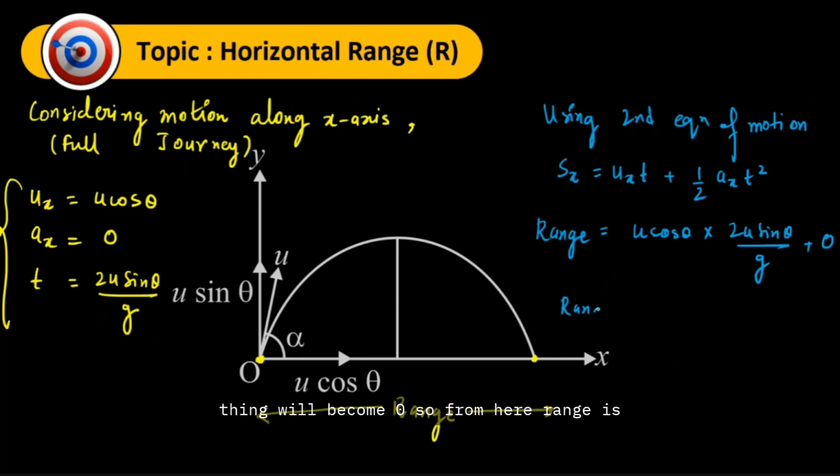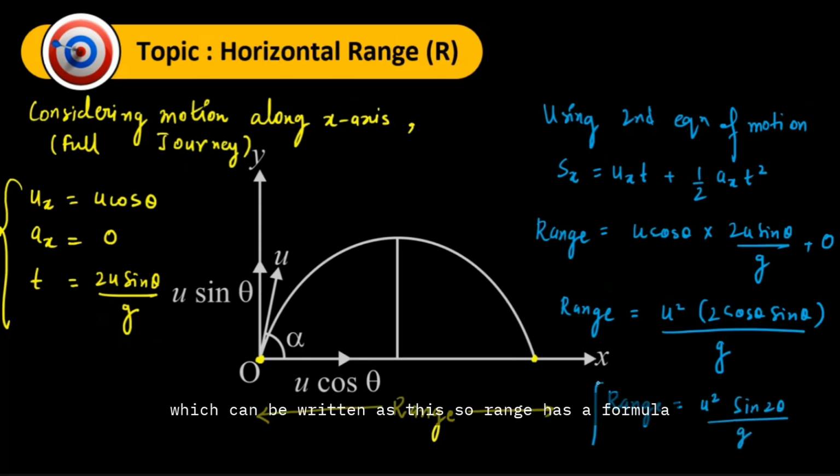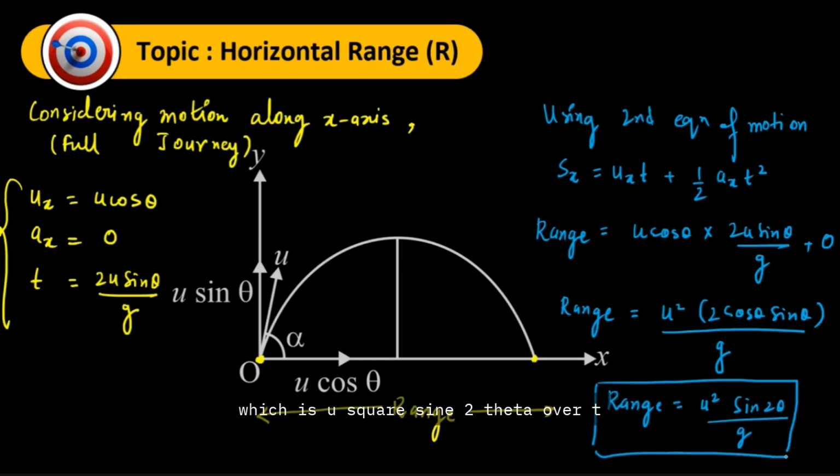So from here range is going to be, now look at the relation carefully, u into u is going to be u square. Now we are left with 2 cos theta sine theta over g. From trigonometry we have a relation where 2 sine theta cos theta is nothing but sine 2 theta, which can be written as this. So range has a formula which is u square sine 2 theta over g, where theta is the angle of projection. So always remember, with whatever angle we have thrown the projectile, all the three things, that is horizontal range, maximum height, and time of flight, will depend upon that relation only.